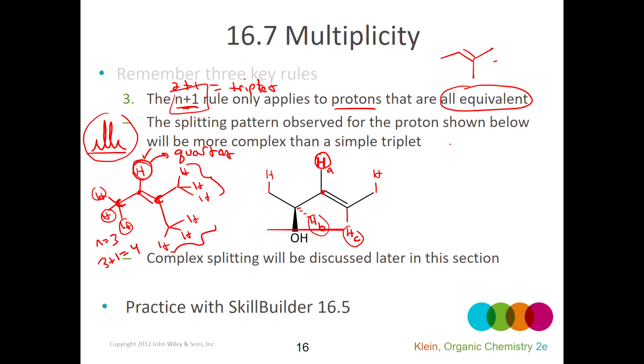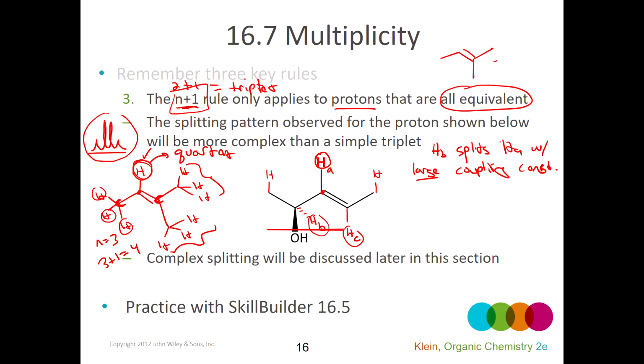So let's imagine HB splits HA with a large coupling constant. So there's no way for you to predict the coupling constant, whether it's large or small. We don't know which one is going to be larger, which one is going to be smaller, but we can predict they're probably not going to be splitting the same.